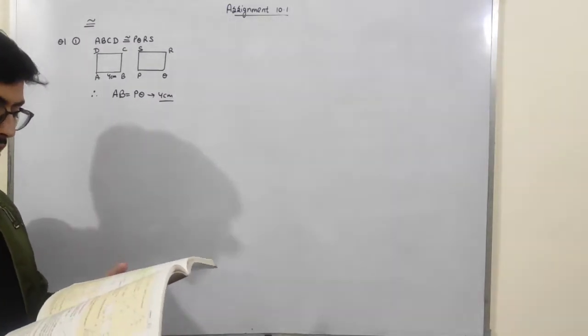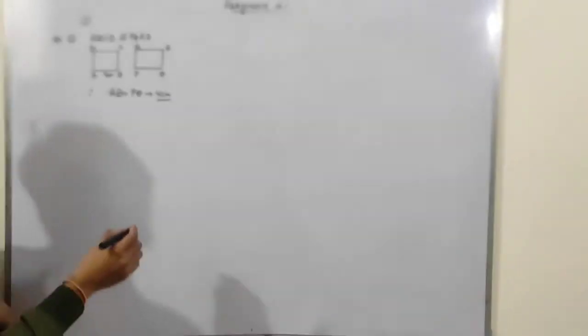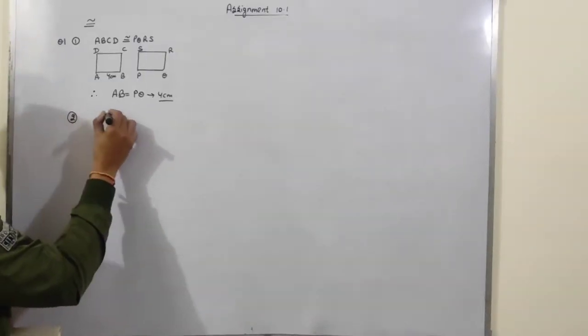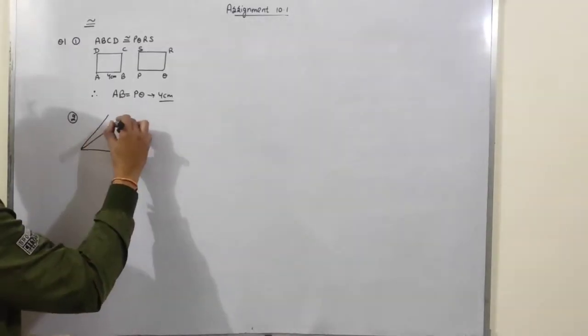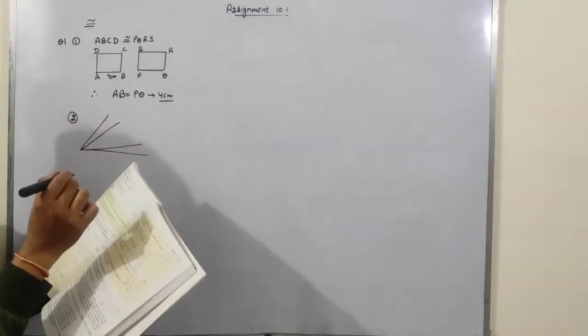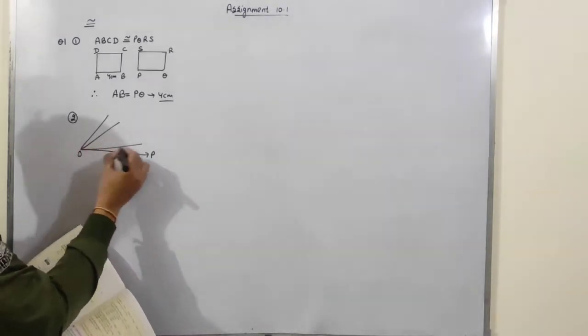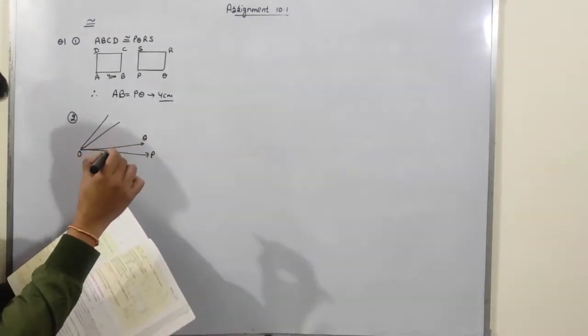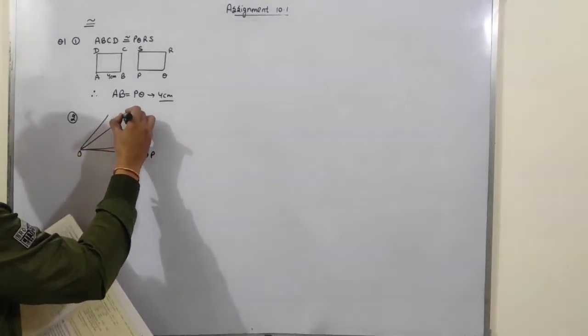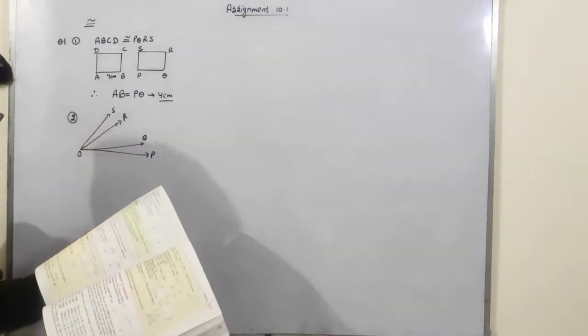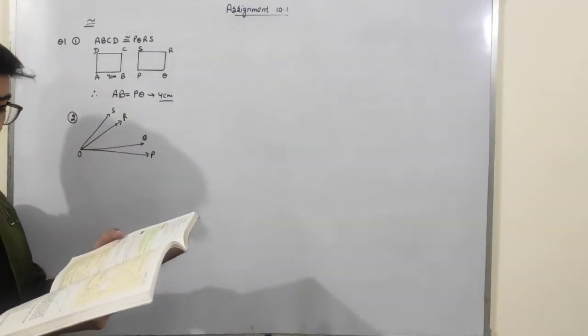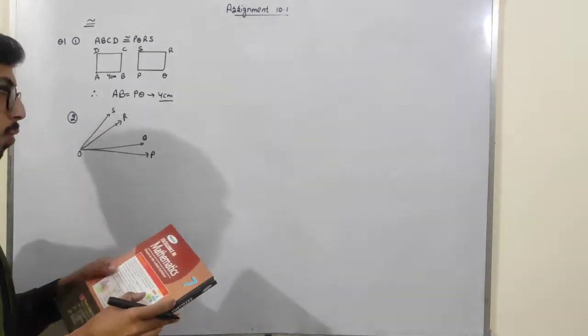Now see students, in the adjoining figure in the second question, what is given to us? This is P, this is O, this is Q, this is R, and this is S. It is given that triangle POQ is congruent to triangle ROS.